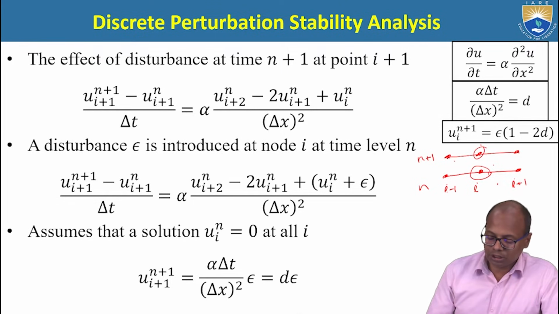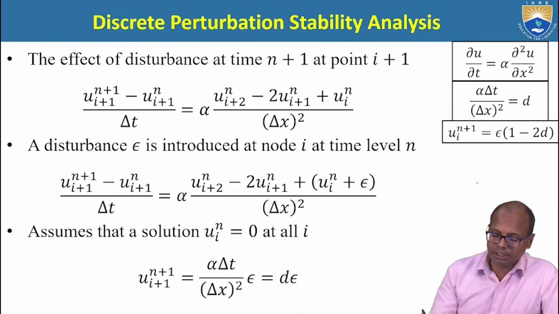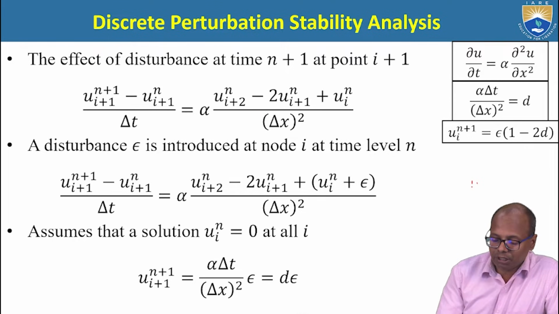We now have to see how the effect of the disturbance will be at the I plus 1th node and the I minus 1th node. For that I have to discretize this using FTCS for the I plus 1th node.